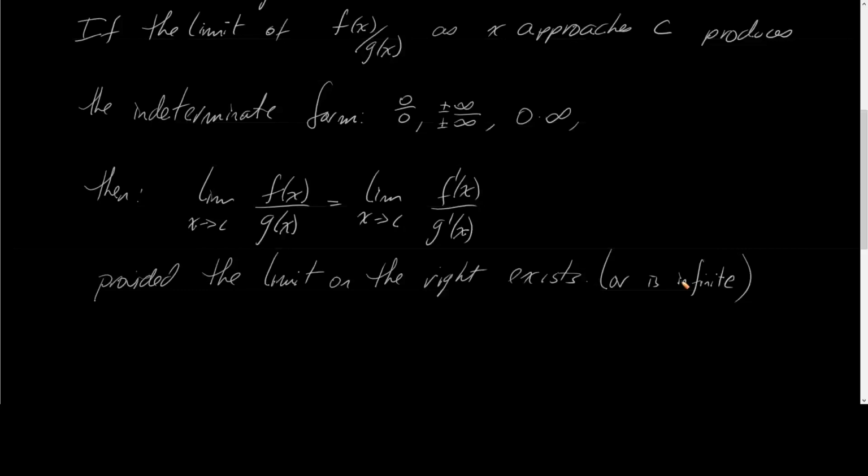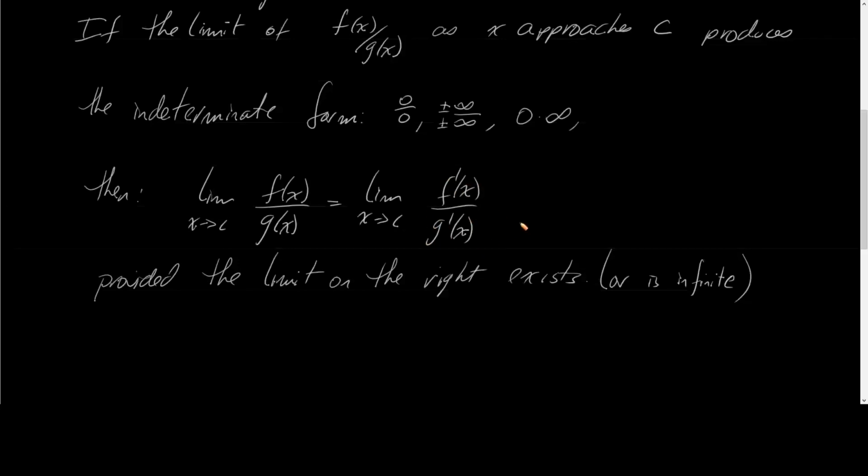If the rate of change on top is significantly larger than the rate of change on bottom, then the whole thing will end up going to infinity. But if the rate on the bottom is significantly larger than the one on top, then the limit would be going to 0.